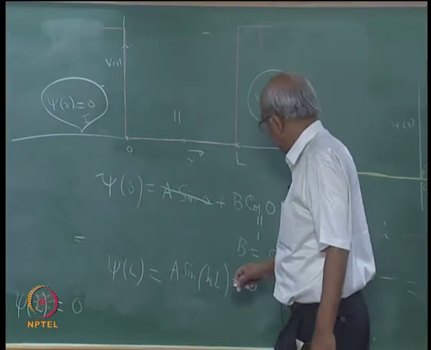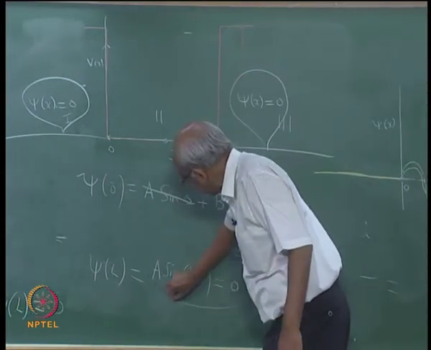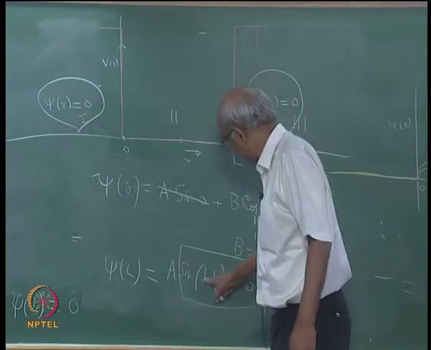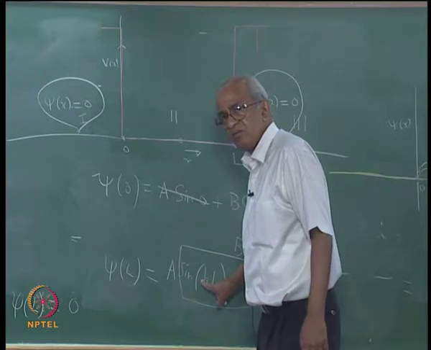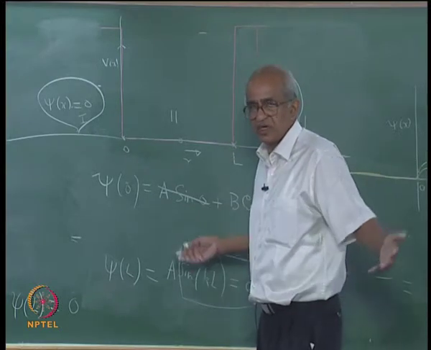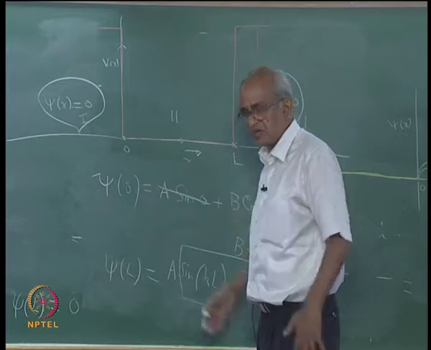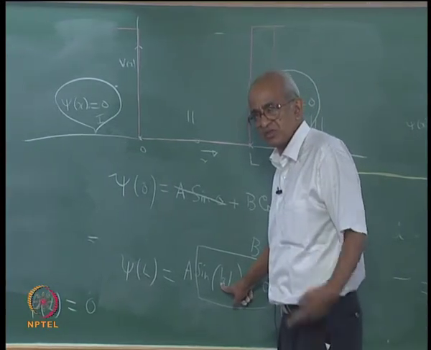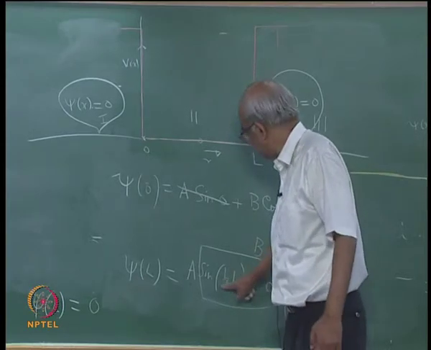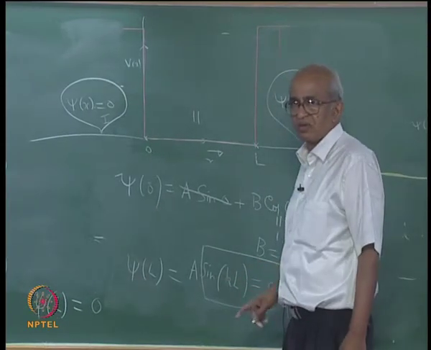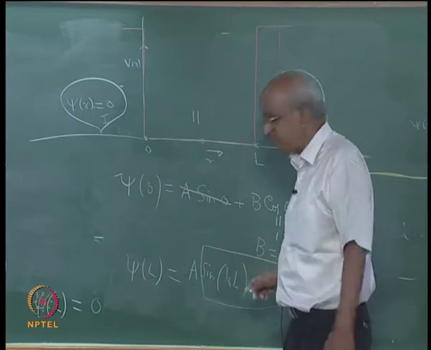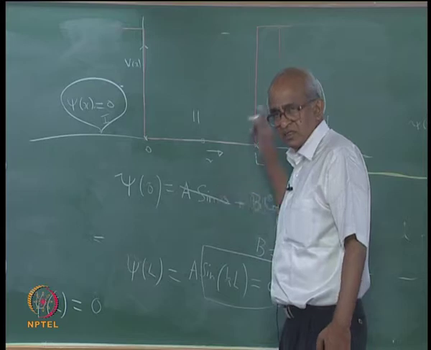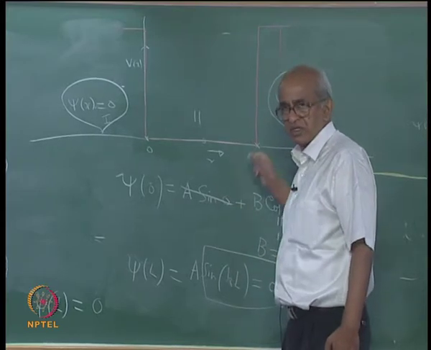So the only possibility is that sin kL must be equal to 0. L is the length of the box, which we cannot change. We have a box of a given length, but k is something that we can choose. So we have to have sin kL equal to 0. Only if sin kL is equal to 0 would I get an acceptable solution of my time independent Schrodinger equation.